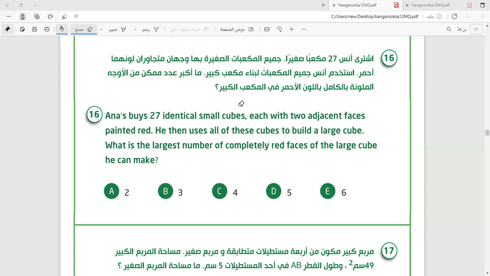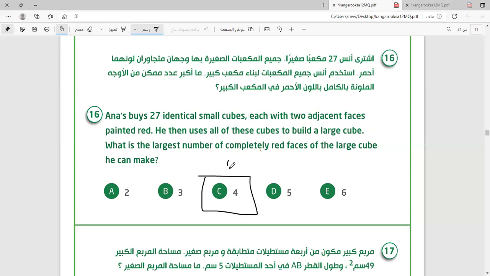So let's check if there's 4 in the question, in the answers or choices. Yes, there's 4. So option C is the correct answer.